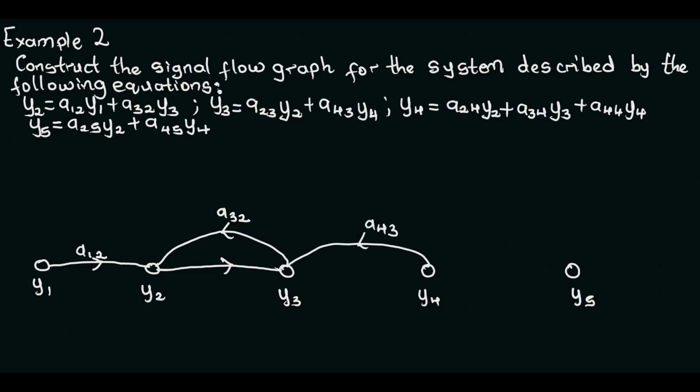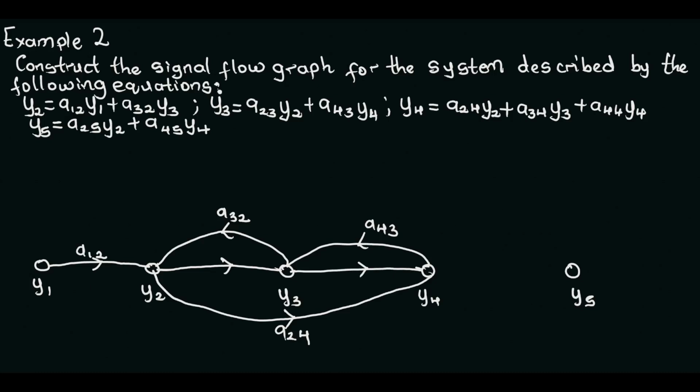Y4 equals a24 Y2, moving from Y2 to Y4. Then you have a34 Y3. It's moving from Y3 to Y4.